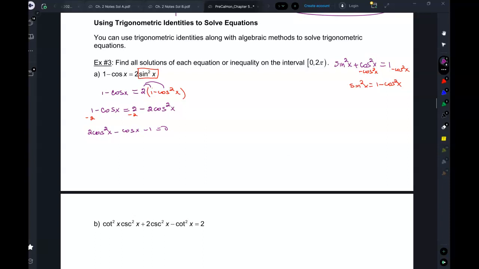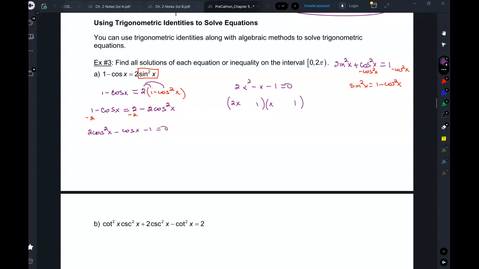Take a look. This has the same pattern as this. Do you guys see that? 2 something squared minus something minus 1. So, how would we solve this one? It would be 2x and x. And here we have to get a 1 because that's the only way to get multiplied to 1.